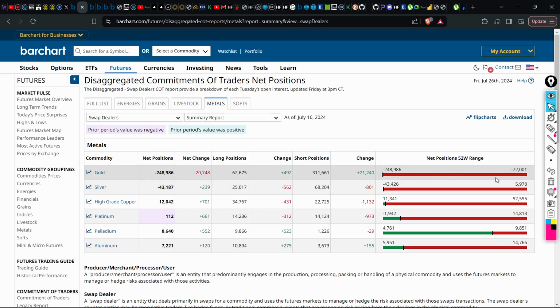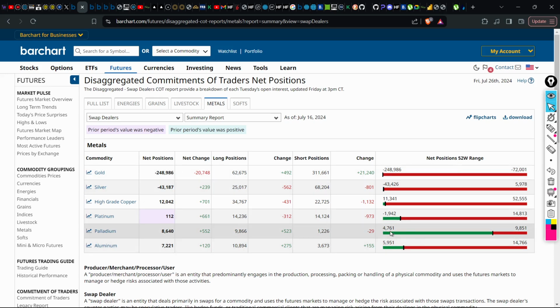And that's what's going to be reflected in the price action. If you look at this and see net position 52-week range, 4,761, the most bullish, yeah, this is what's going to be reflected in the charts.